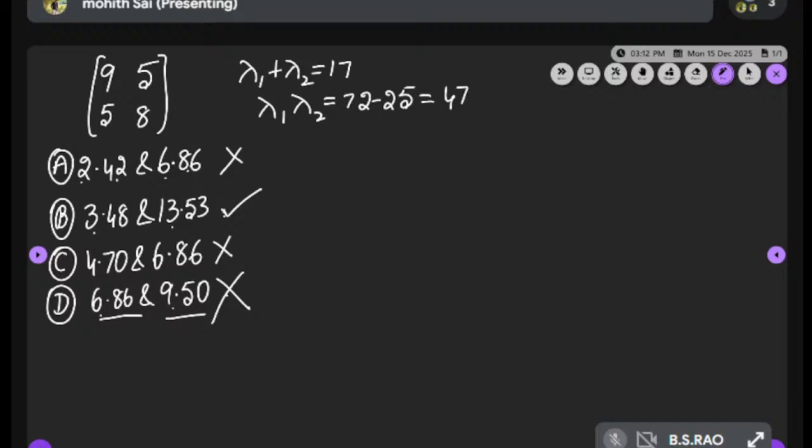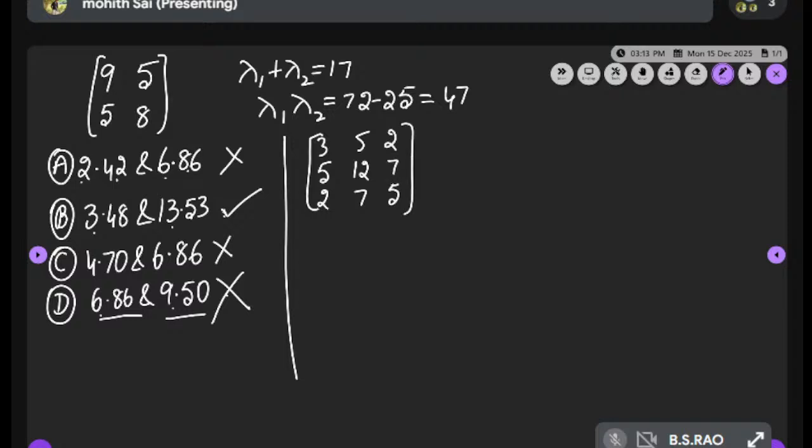Next. The minimum eigenvalue of the matrix, please write: 3, 5, 2; 5, 12, 7; 2, 7, 5, is my right.